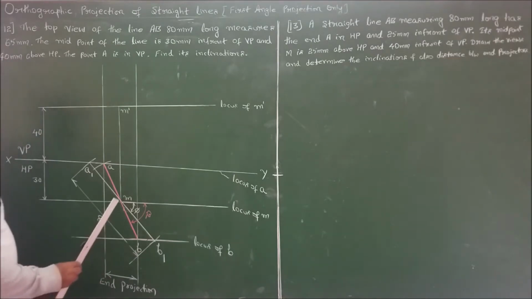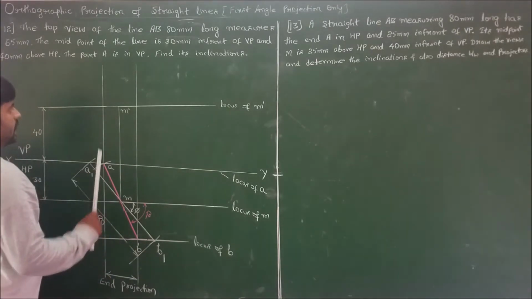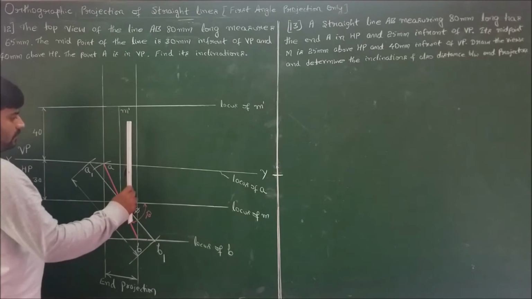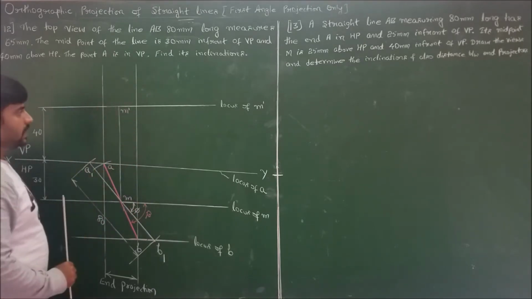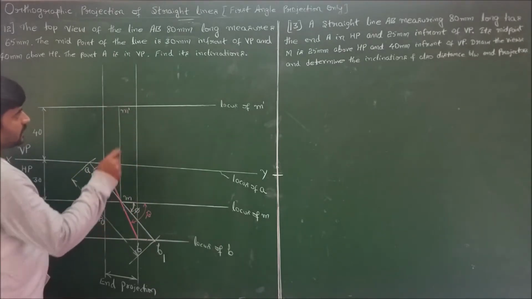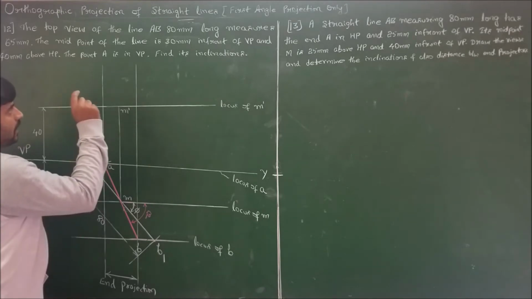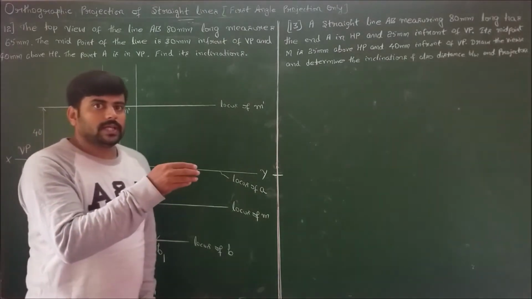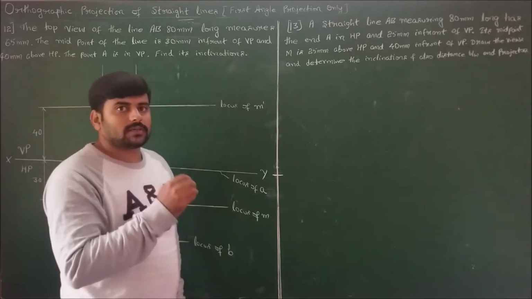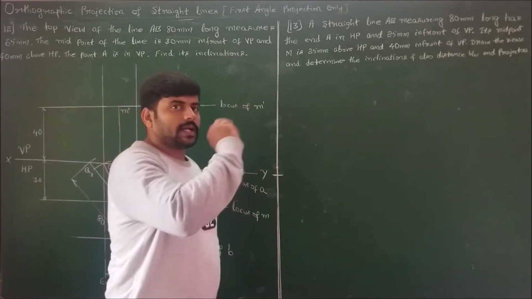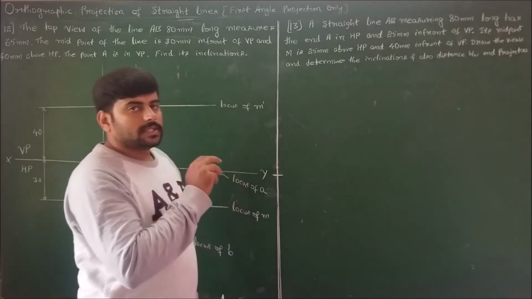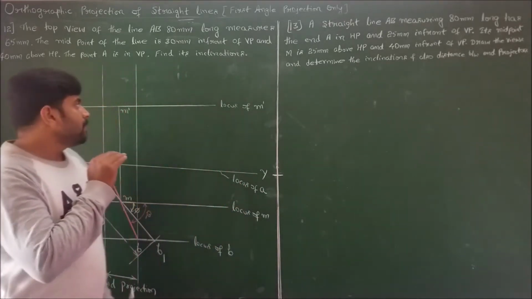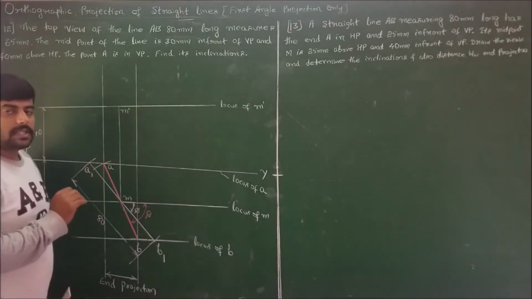Now we know that A dash should lie on this vertical line, whereas B dash should lie on this vertical line. Now in order to extract the apparent length from true length, we first project to the initial end locus of the line, and from there we rotate and cut the end locus, thereby obtaining the apparent length from true length.